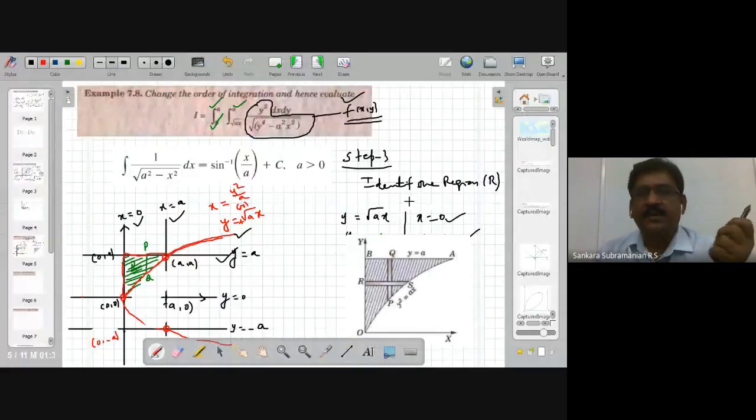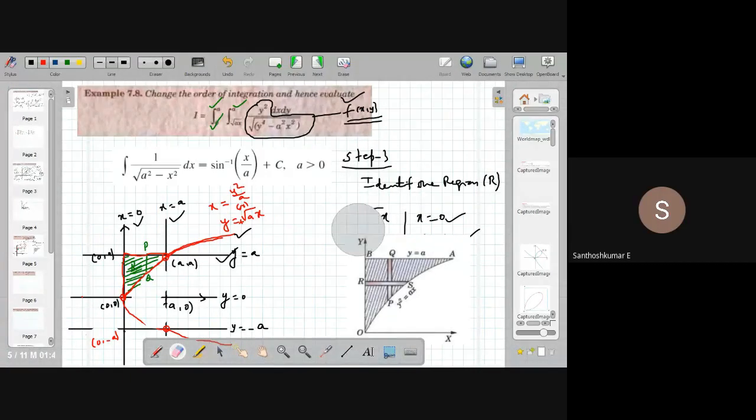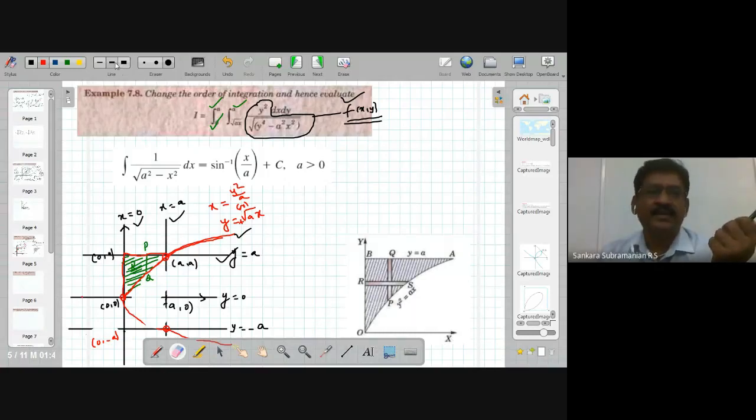இப்போ what is step number 4? Sir, dividing the strips PQ and RS and finding the limits. Choose the alternate strip. அதாவது சேஞ்ச் தி ஆர்டர் தானே, ஆர்டரை சேஞ்ச் பண்ணணும் தானே. அப்போ PQன்ற ஸ்டெப் எடுத்திருக்கிறாங்க, அதனால நாம இனிமேல் RSன்ற ஸ்டெப் எடுக்கணும் அவ்வளவுதான்.